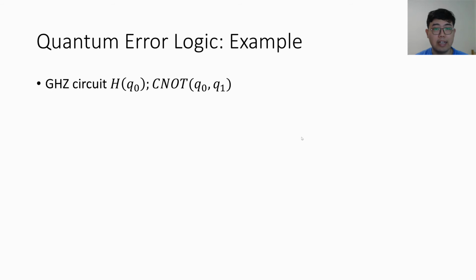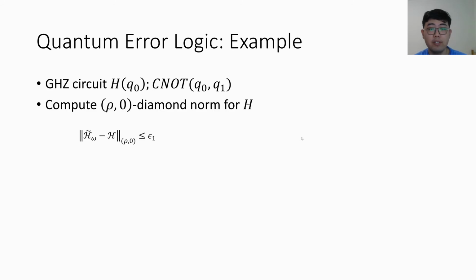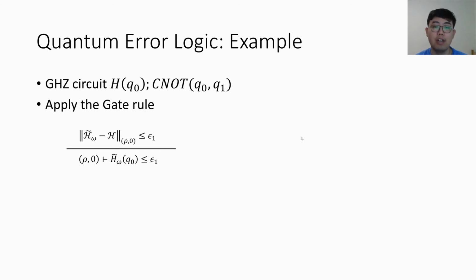Let's show an example using the quantum error logic on the GHZ circuit with input state rho. We first compute the rho 0 diamond norm for the H gate. Then we apply the gate rule to transfer the norm to the logical judgment.